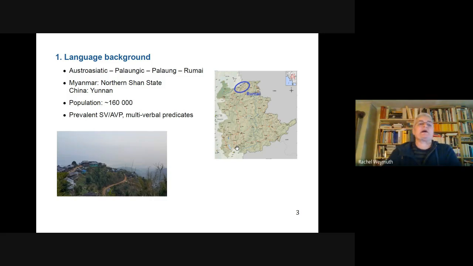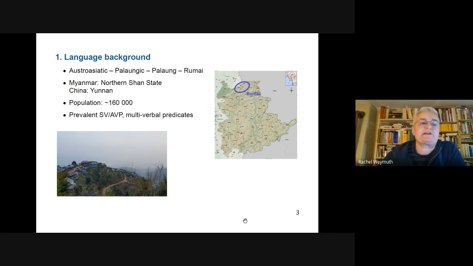Rumai is a variety of Palaung, or a Palaung language of the Austroasiatic language family. It is spoken mainly in northern Shan State in Myanmar and also in Yunnan, China. You see the approximate region where it is spoken here on the map.